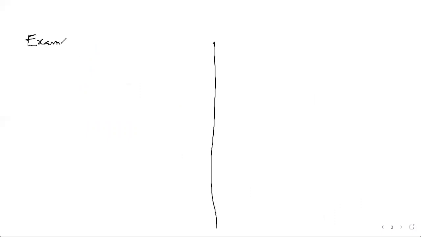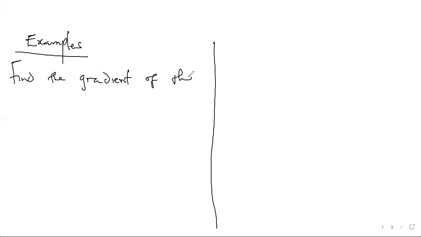Examples. The question is, find the gradient of the line joining each pair of points below.